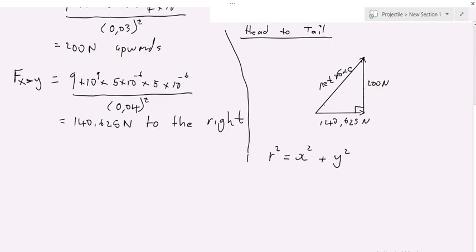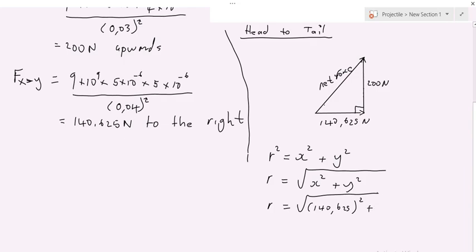We are looking for the hypotenuse, which is this r squared. So we can simply say r is equal to the square root of x squared plus y squared. So what is our x? Our x is 140,625. Remember to square, because some people go wrong here by forgetting to square.